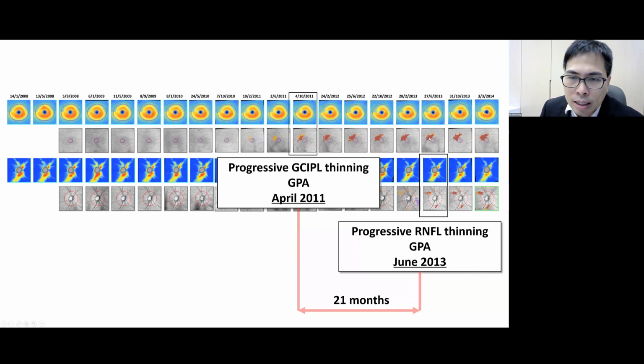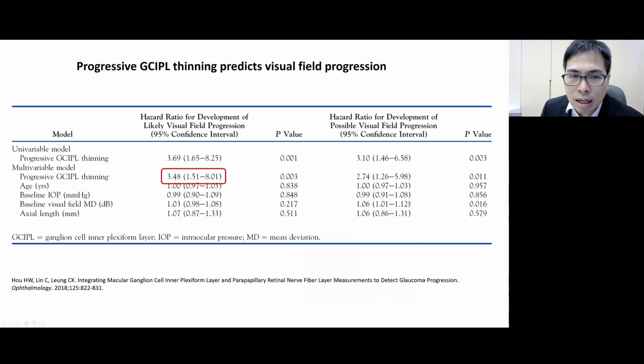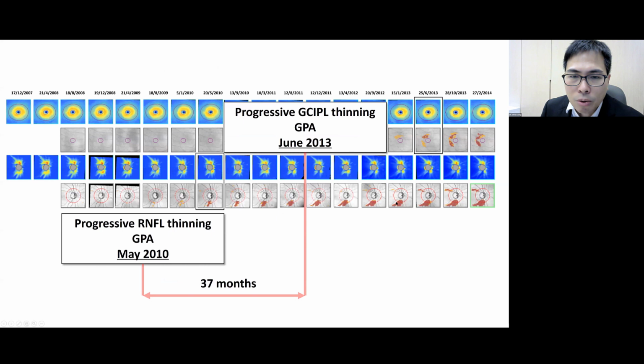One may wonder then, can we just rely on the macula? Because we see macular change can be detected earlier than even our peripapillary retinal nerve fiber assessment. But sometimes we do see the other way around. So in this example, we see progressive retinal nerve fiber thinning detected before we see progressive GCIPL thinning.